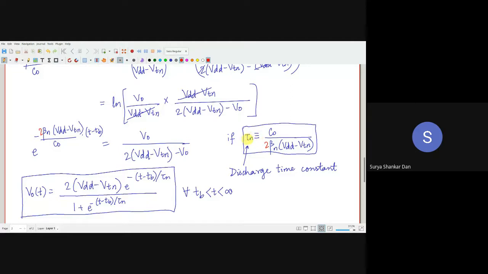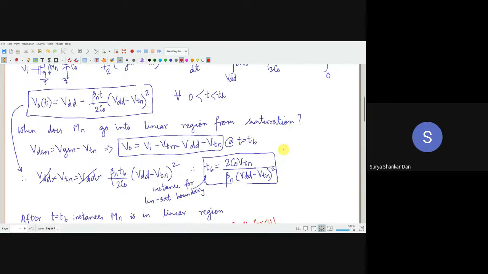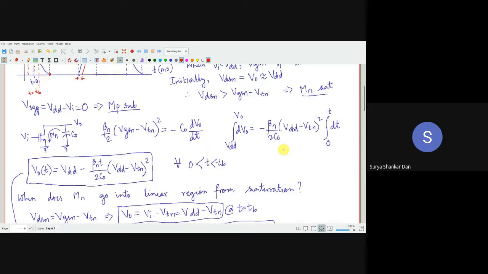What does it imply? Notice that this tau n is in the exponential term, right? So this is basically the discharge time constant. This is the whole thing. Whatever we have done, it is that TPHL, we are finding the high to low transition time, right? So this is basically an RC kind of thing.